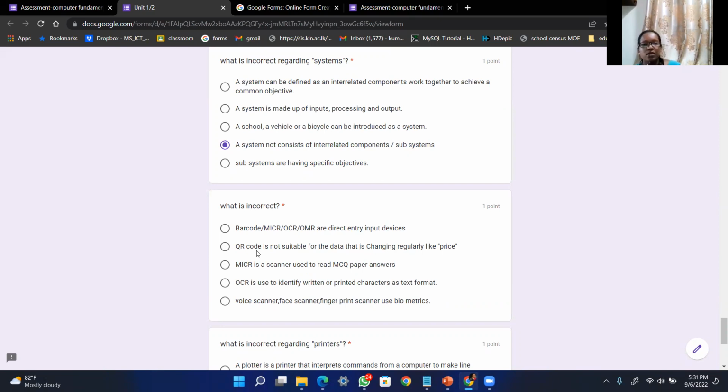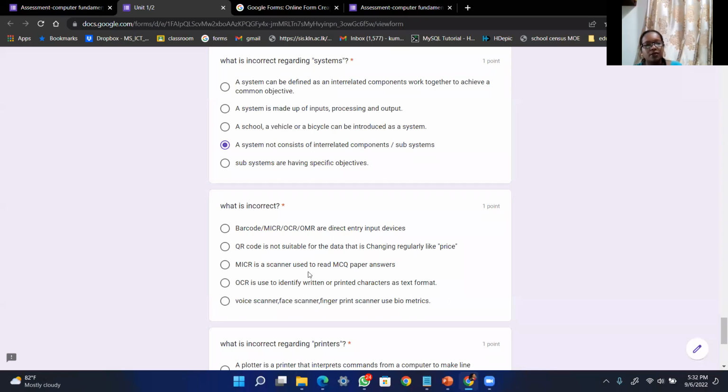Normally we use QR codes to store constant data, like a website, which hardly changes. Like in the full pass, the QR code is used because the vehicle registration and the identity card number hardly change. Only when you change your vehicle will it change. Otherwise it won't change, right?